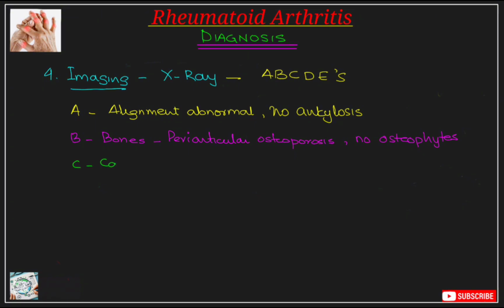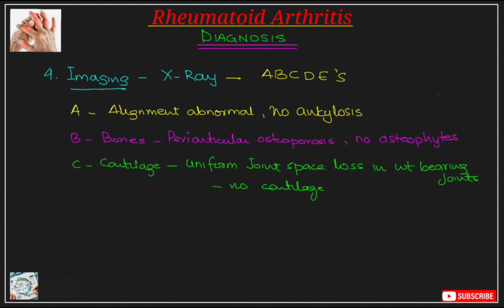The C stands for cartilage, symmetrical joint space loss with no calcification. Rheumatoid arthritis is a polyarthritis that symmetrically involves the joints, meaning both sides of the body are affected in a similar pattern. The joint space narrowing seen in RA is uniform across the joint because the inflammatory process affects the entire synovial membrane, leading to diffuse cartilage destruction.